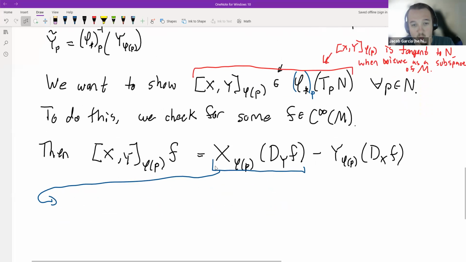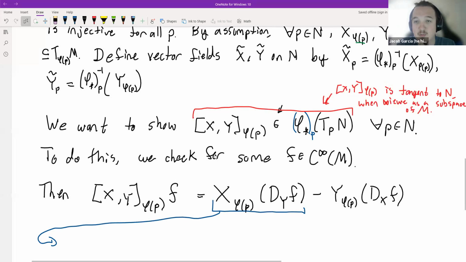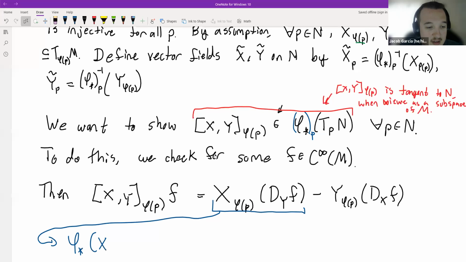Well, okay, what is X evaluated at this point here? Well, I just went through this work to define this new vector field X tilde, so I'm going to use that X tilde. So this is going to be phi star of X tilde P of dyf. So I haven't changed the dyf.